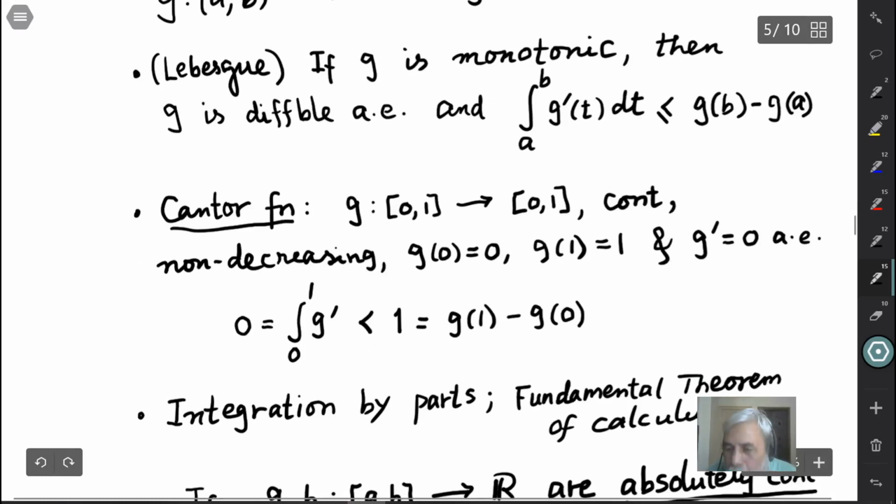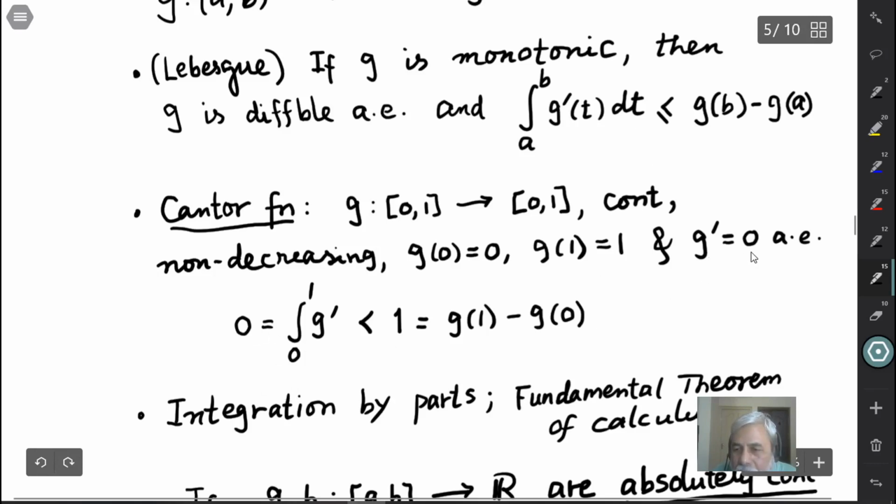So again, one more feature of almost everywhere differentiable functions: the derivative can be 0, yet the function can very well be non-constant. That will not happen if g is everywhere differentiable, as we observe even in elementary calculus. And we also see that in this case, there is a strict inequality.